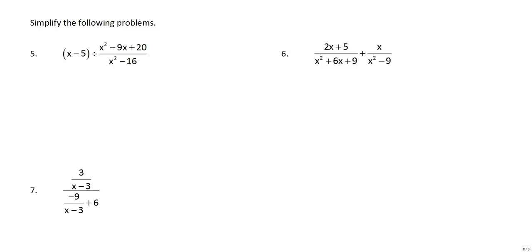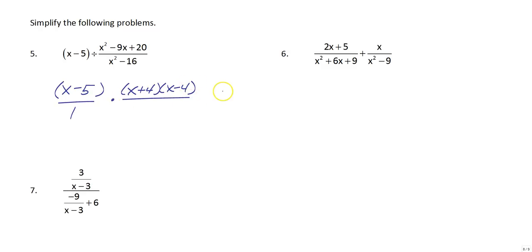Least common. So, when we work with adding, subtracting, multiplying, dividing complex fractions, the first thing we always have to do, of course, is factor. But when it's dividing, we need to flip the fraction that comes after. So this is x minus 5 over 1, if it makes you feel comfortable to put a denominator. Then we're going to factor this by the difference of two squares, giving us an x plus 4 and an x minus 4.